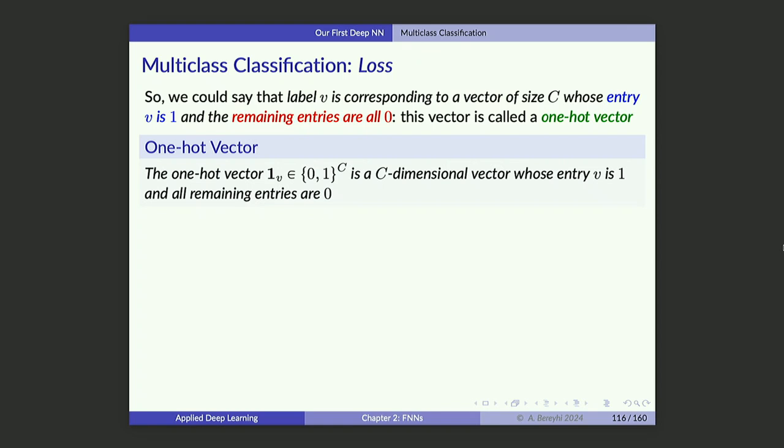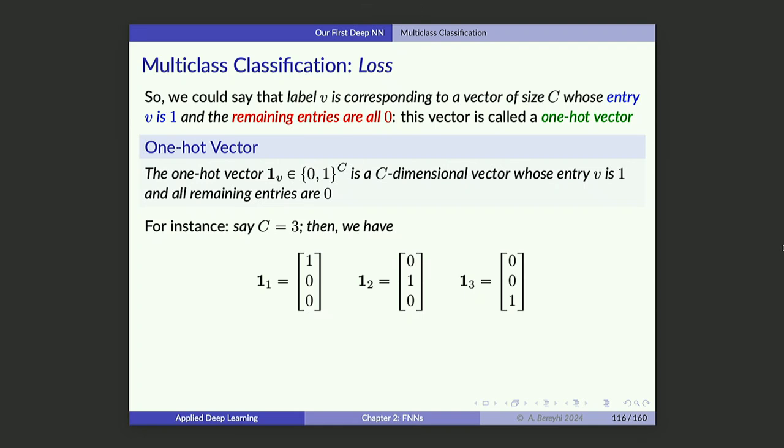So if I want to write down 1, 2, what is it? 0 is index 1. 1 because index 2 is indicated here. 0. So you got the idea. So if C equals 3, then 1 at index 1 has 1 here, anywhere else 0. 1 at index 2 is going to have 0 everywhere but index 2, and so is for 1 at index 3. Clear? And then this 1_V is going to be the probability vector of your corresponding label.